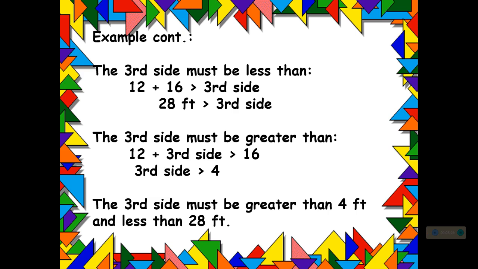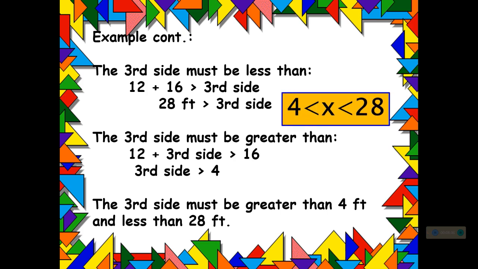We have 12 plus the third side is greater than 16, so the third side is greater than 4. So the third side must be greater than 4 and less than 28 feet. To simplify this, if we write that as an inequality, x is greater than 4 but less than 28.